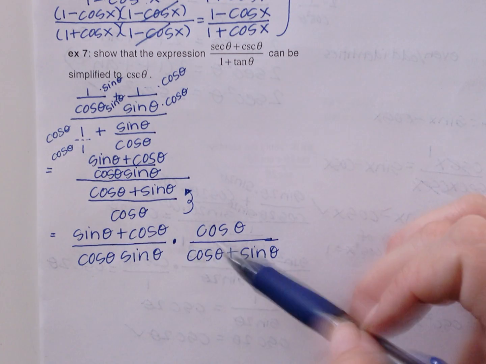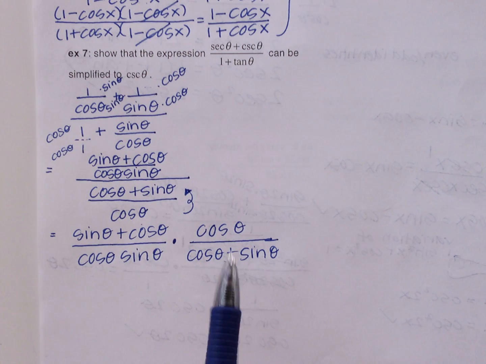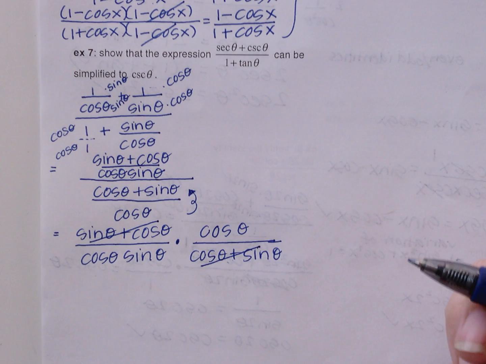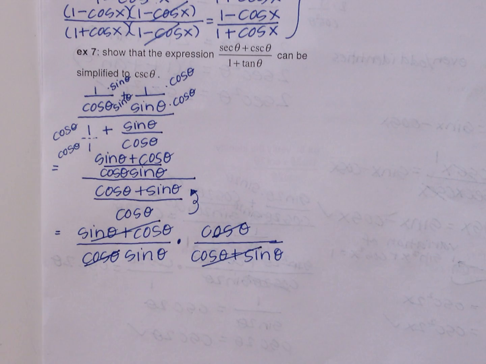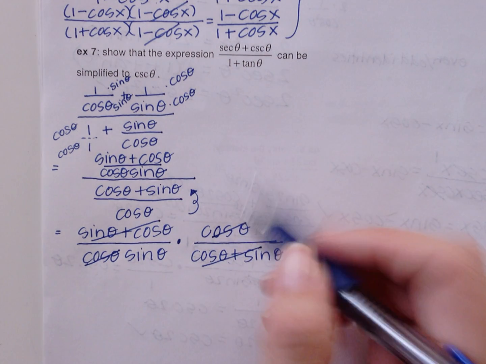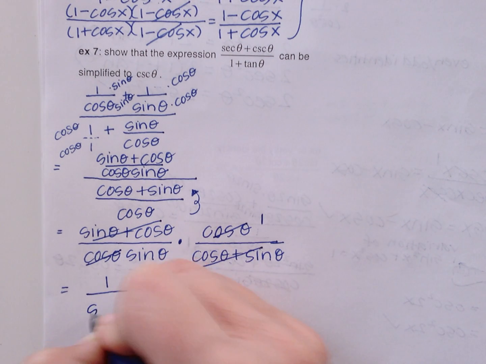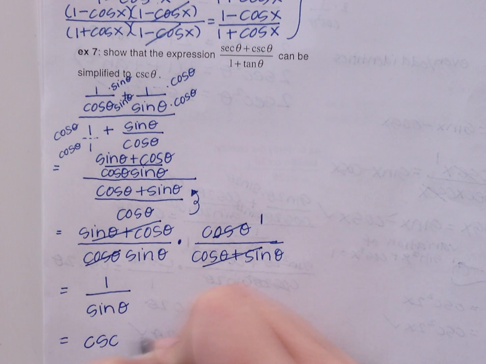So at first these don't look the same, but remember in math 1 plus 2 means the same thing as 2 plus 1. It's called the commutative property. And so this and this are in fact the same thing. So those are common quantities that can be reduced. Then the cosine theta and the cosine theta are common factors that can be reduced. So remember to keep your placeholder of 1. I have 1 over sine theta, and 1 over sine theta is cosecant theta.